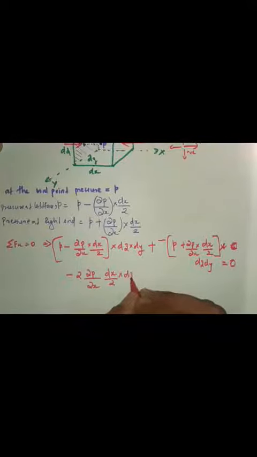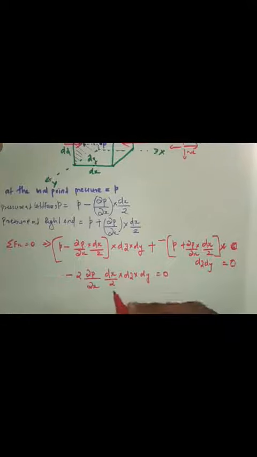So P into dz dy minus P into dz dy will cancel out. Here, minus dou P by dou x into dx by 2 into dz dy, minus dou P by dou x dx by 2 dz dy, will become minus 2 dou P by dou x into dx by 2 into dz into dy is equal to 0.